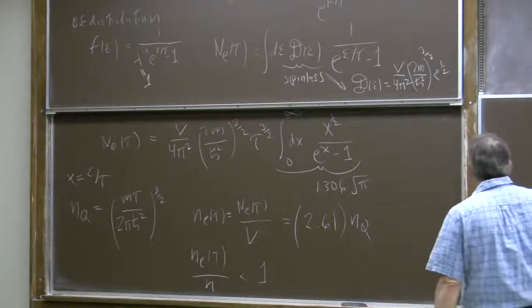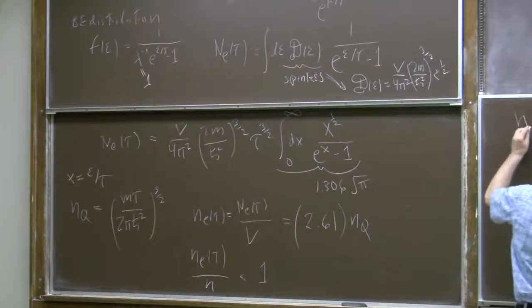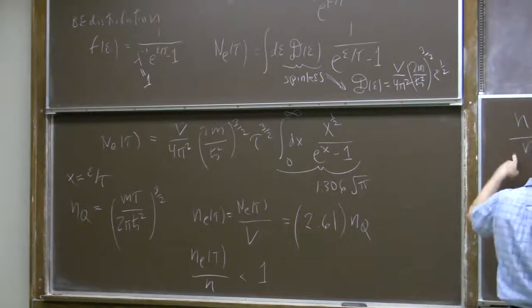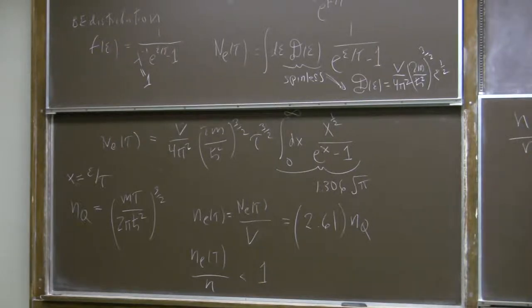In fact, then, we can write the concentration of particles in excited orbitals divided by the total concentration, when it's less than 1, as the temperature divided by some special critical temperature called the Einstein temperature to the 3/2 power.